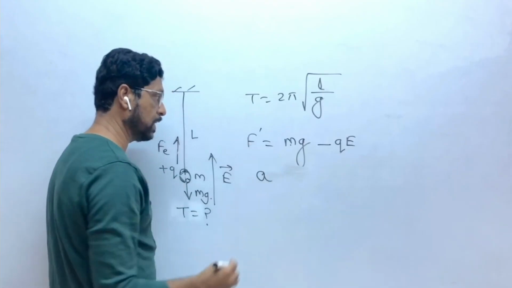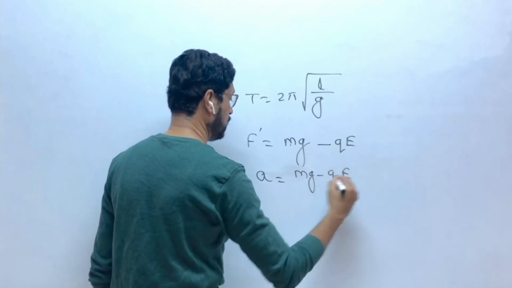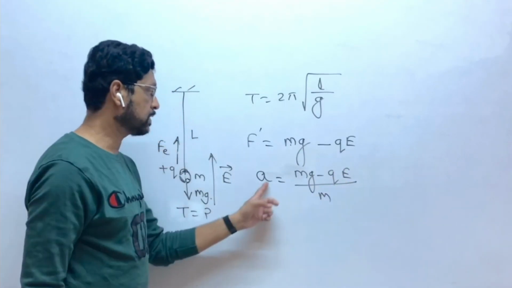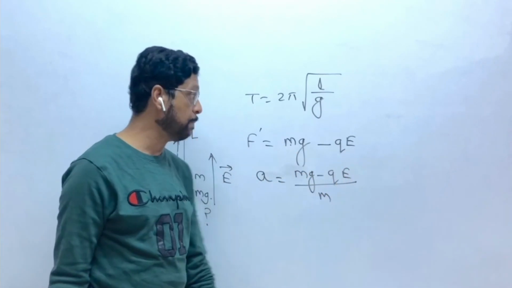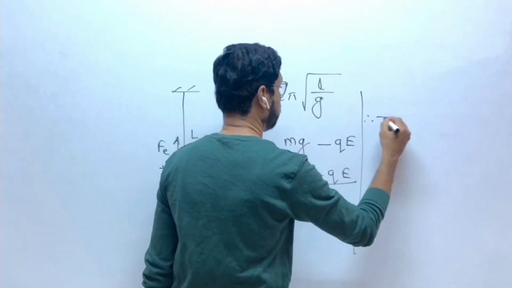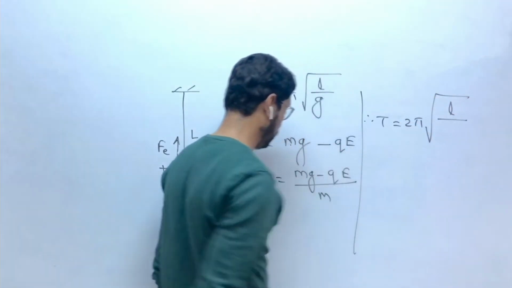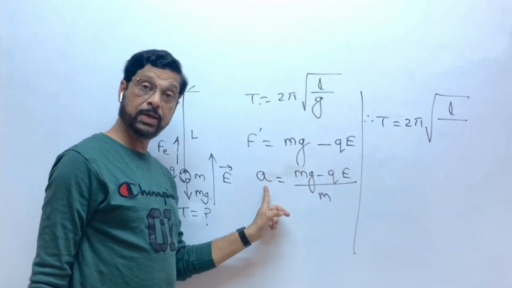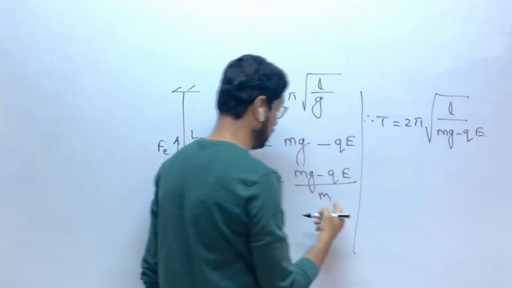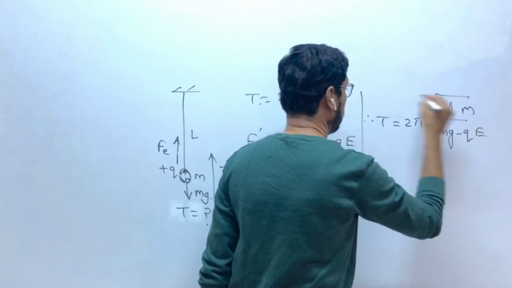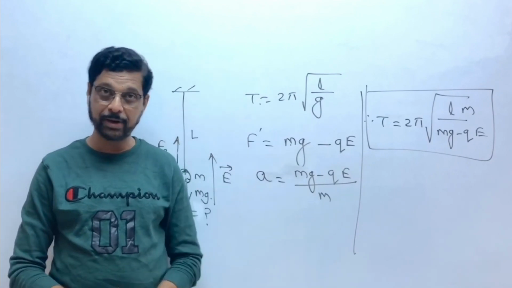So net acceleration will be (mg minus QE) upon m. Acceleration is force upon mass. Therefore, the periodic time will be 2 pi under root L upon, in place of g, the effective acceleration, that is (mg minus QE) by m. So this will be the periodic time of oscillation of that pendulum.